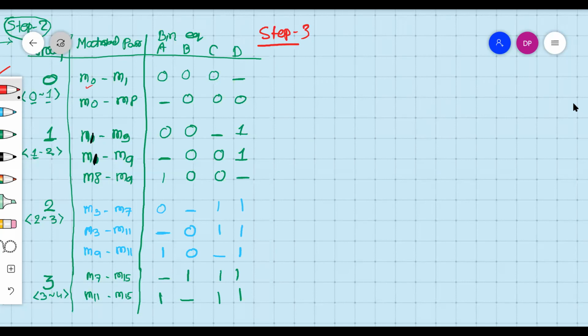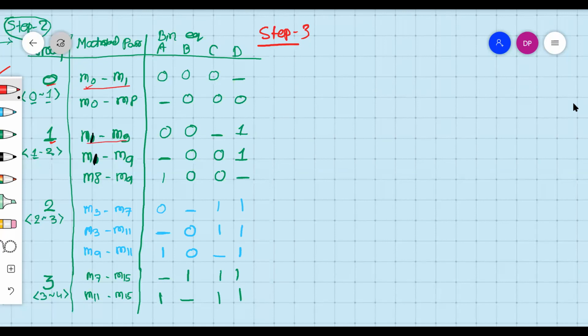See here, this group 0 needs to be compared with group 1 and check how many bits are different and how many are same. So let's take M0 M1 and compare it with M1 M3.